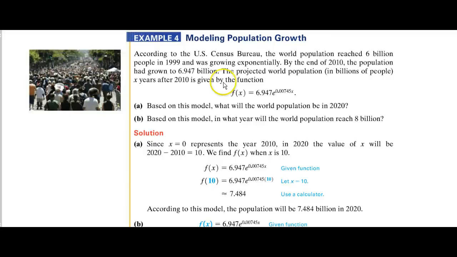Okay, so where the x is, we're just going to put a 10 there. Now remember, we multiply this by 10 first, and it's e times that. Put this in parentheses, caret this in parentheses, and then you multiply that by this, and it gives you that.